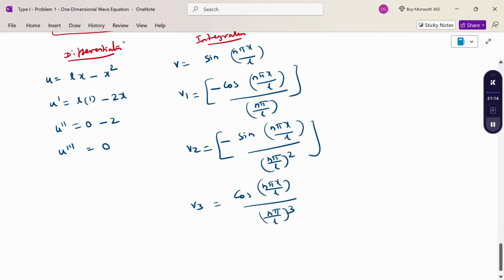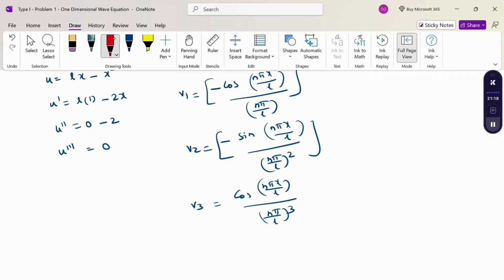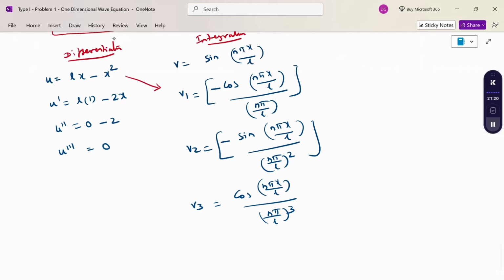Now what is the formula? Formula is nothing but u v1 minus u dash v2, then u double dash v3. So this only we are going to apply the formula.